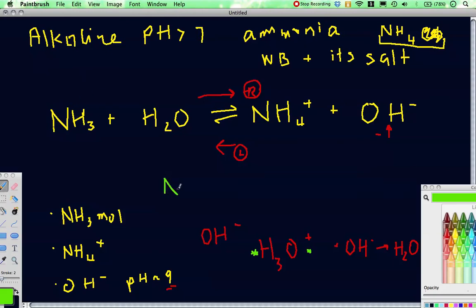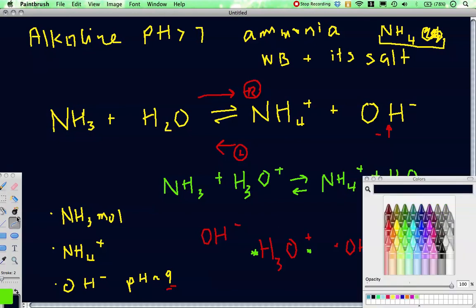That reaction would look like this: you've got your whole ammonia molecule reacting with your hydronium ions, and that will yield NH4 plus and water. So that's another way that this system can contend with the addition of an acid.